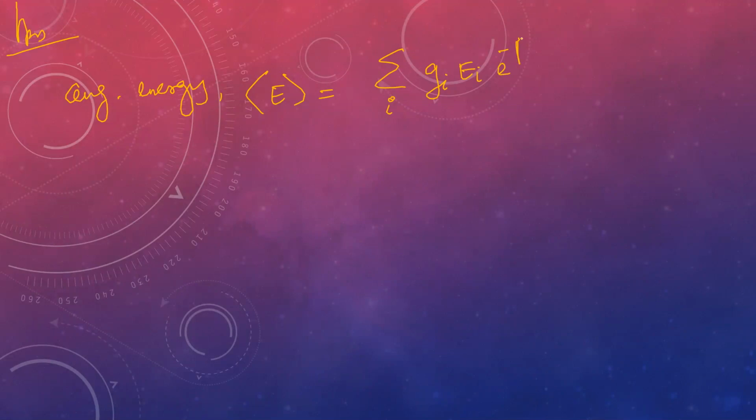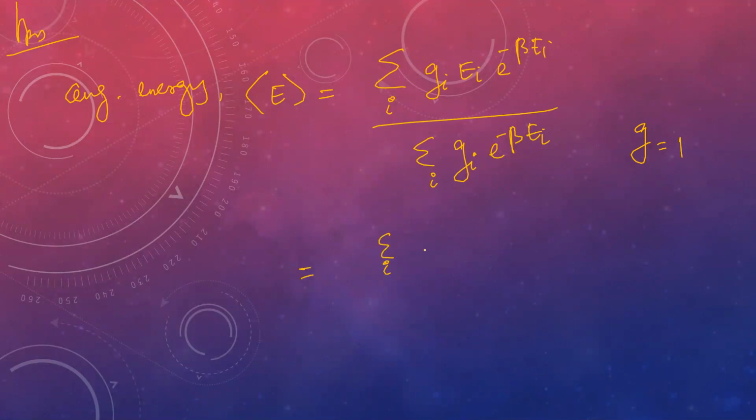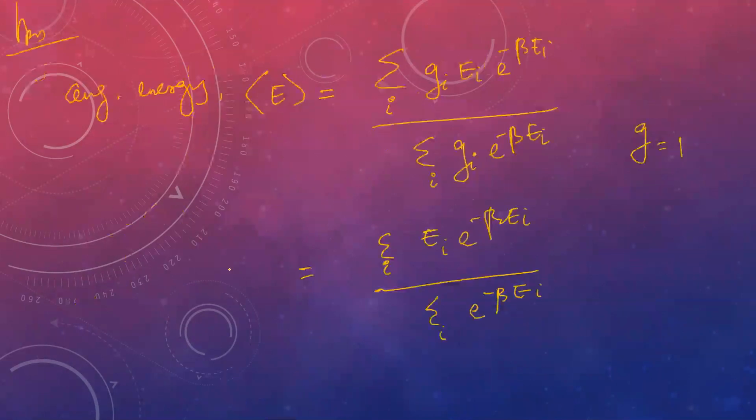We know the average energy formula is summation Gi Ei e to the power minus beta Ei, divided by the partition function, that is summation Gi e to the power minus beta Ei. Here let's take Gi equal to 1. So summation Ei e to the power minus beta Ei divided by summation e to the power minus beta Ei.